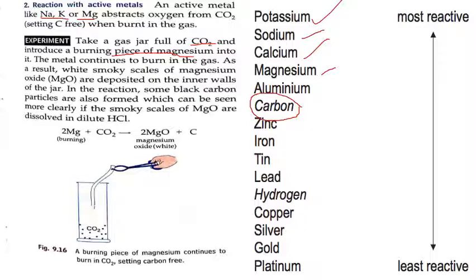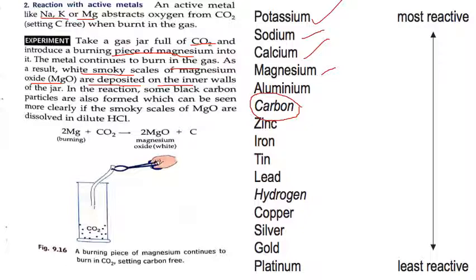The metal continues to burn in the gas. As a result, white smoky scales of magnesium oxide are deposited. Here you can see that the oxygen which was in the carbon dioxide, that is, it was with carbon, has been displaced and it has combined with magnesium to form magnesium oxide. Magnesium oxide is deposited on the inner walls of the jar.